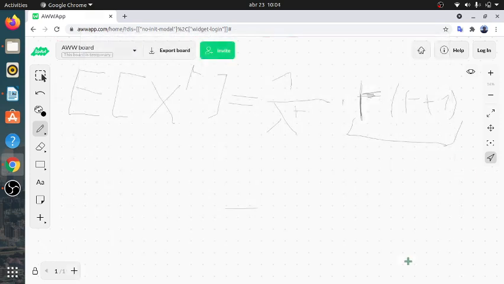So finally, applying the factorial property, we can infer our result.